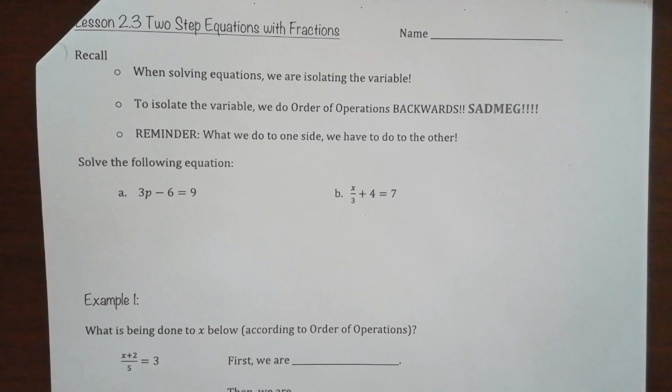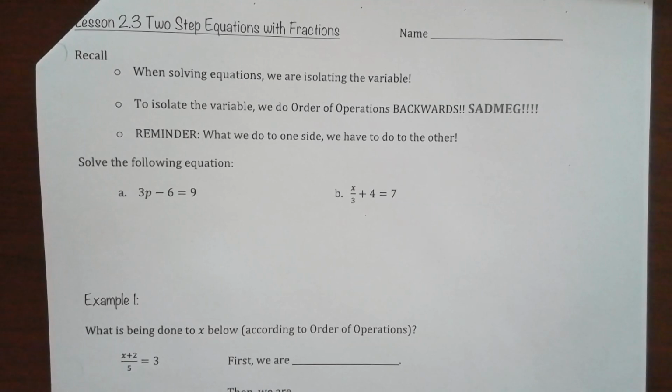Example number 1. It says, what is being done to X below according to the order of operations? So what's happening to X to begin with at the top here? Addition by what? 2. And then, what's happening then? Division by what? 5.